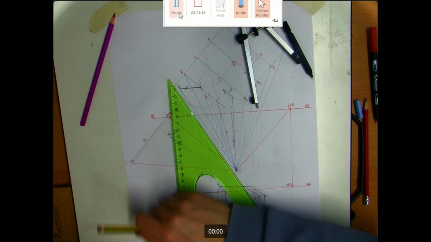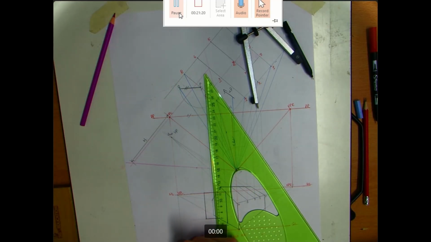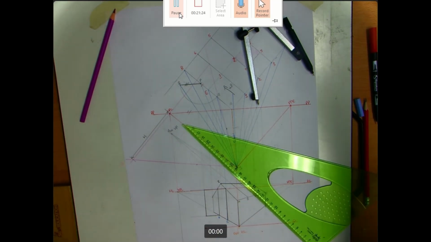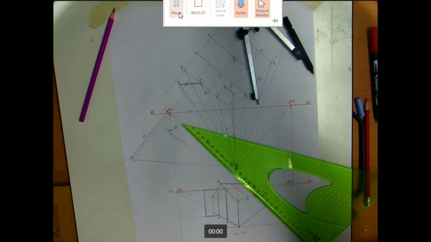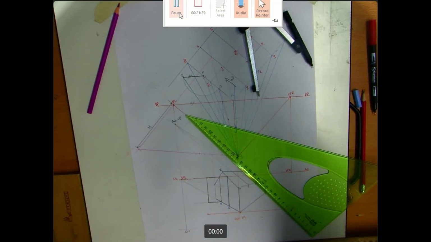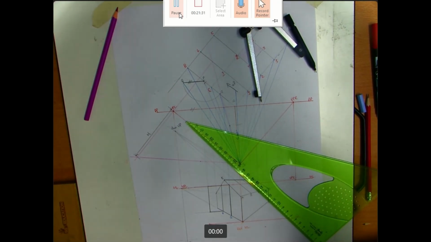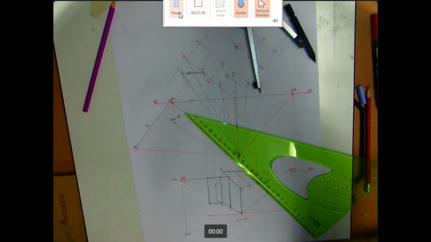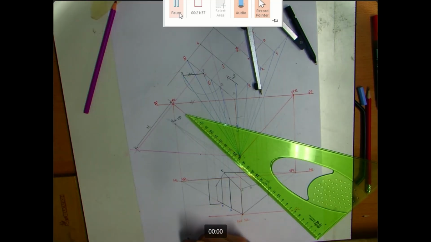Continue down our VPL. This is our auxiliary vanishing point 2.